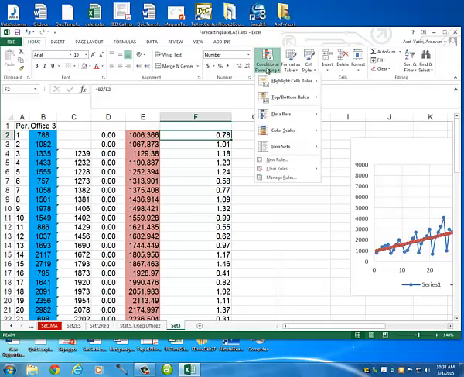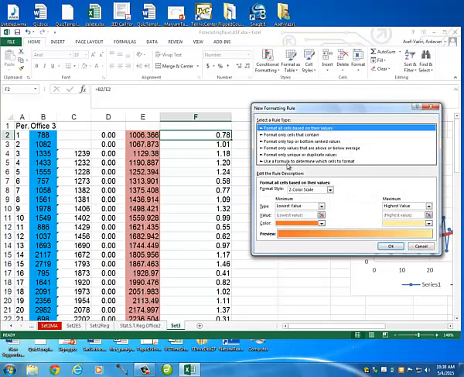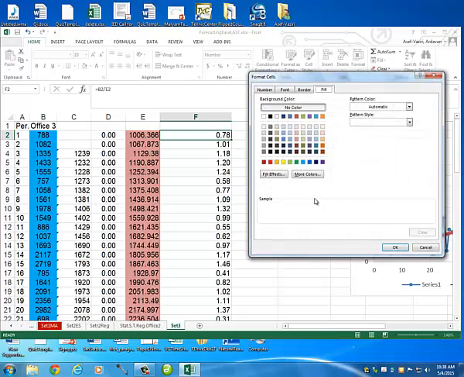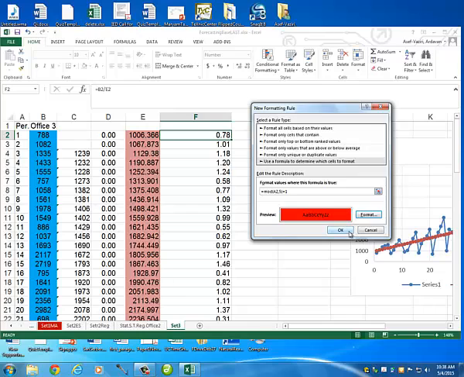What I will do, conditional formatting, new rule, use formula equal to if mod of this number and 5. Mod of this number and 5 means divide this number by 5 and get the remainder. If that is equal to 1, then format it, say red, okay.